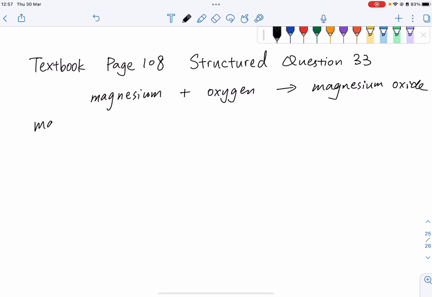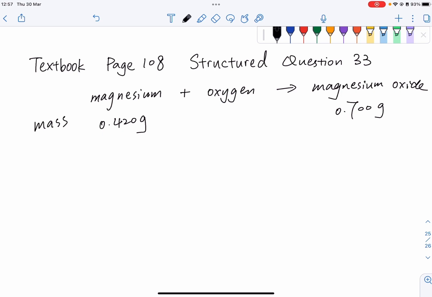Now, I know that the mass of the magnesium ribbon reacted is 0.420 grams, and the mass of oxide formed is 0.700 grams. Please describe an experiment to produce these results. As part of your answer, show how these results can be used to obtain the empirical formula for the magnesium oxide.